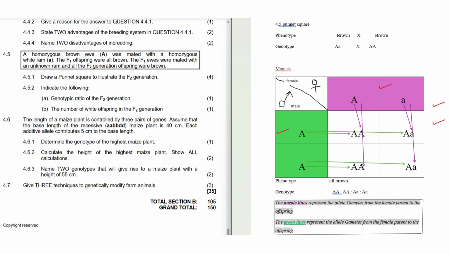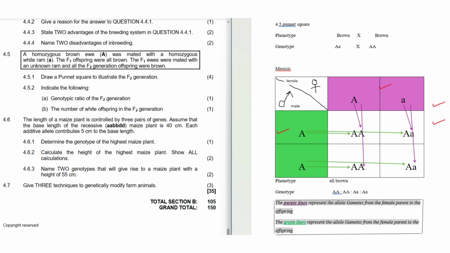So if the male parent gives us a dominant allele, and the female parent gives us a dominant allele, then we have a homozygous dominant.